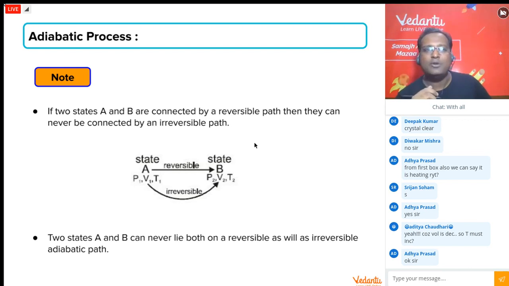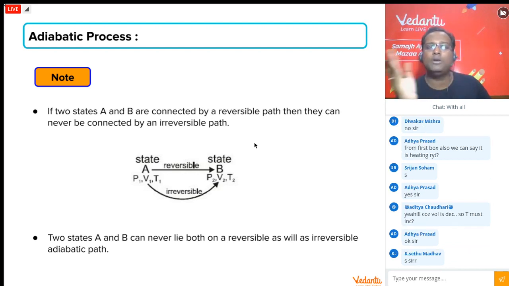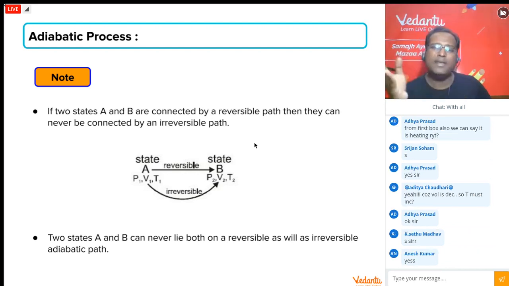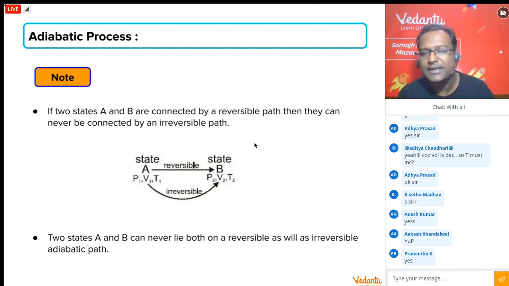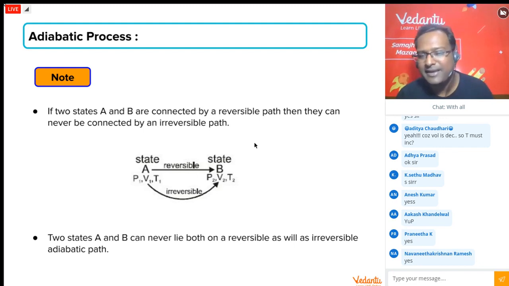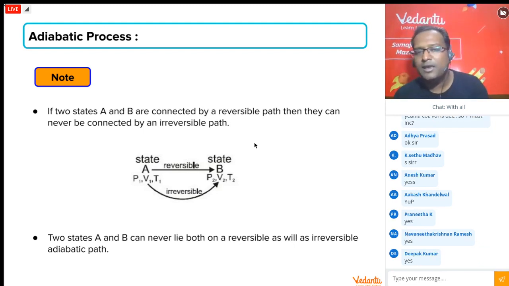It is coming out from a high pressure to a low pressure, but that low pressure is fixed now, 1 atm. You suddenly expose the gas from high to low pressure. So can I say that that is an irreversible process? Yes, I can say that it is an irreversible process. Can I say that it is an adiabatic process? Ideally, it is an adiabatic process, and therefore we say that it cools down.